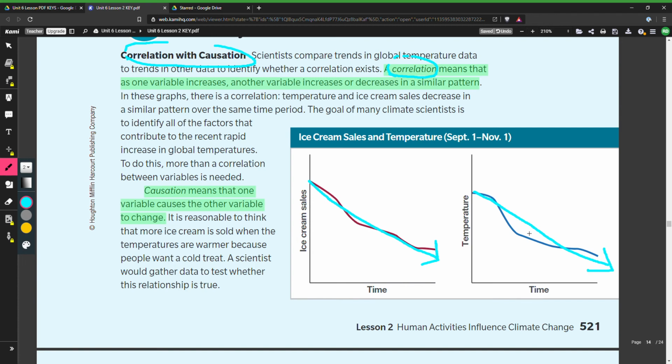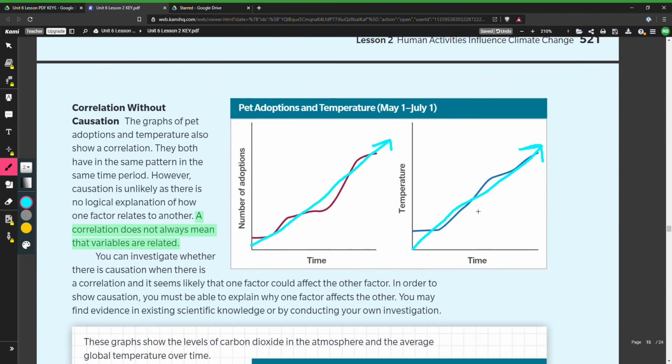And these actually probably do have to do with each other, right? Because if it gets colder, you can imagine that people will buy less ice cream. So there's a really good argument that this is correlation with causation, like the ice cream sales decrease because the temperature is decreasing. But here, this is a good example of a graph that has correlation, but it is without causation. There's no cause for these two things to be related.